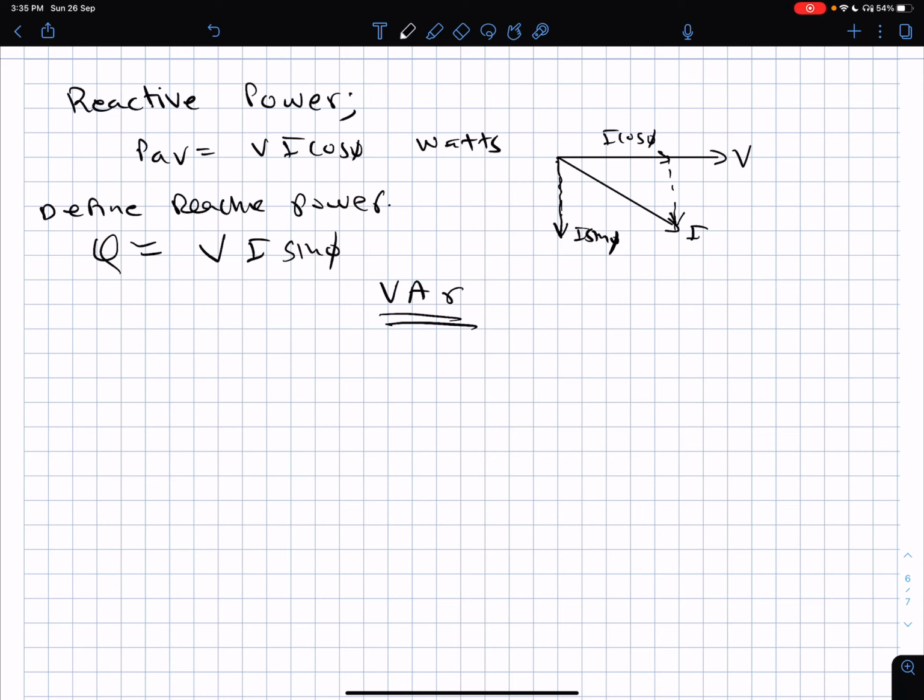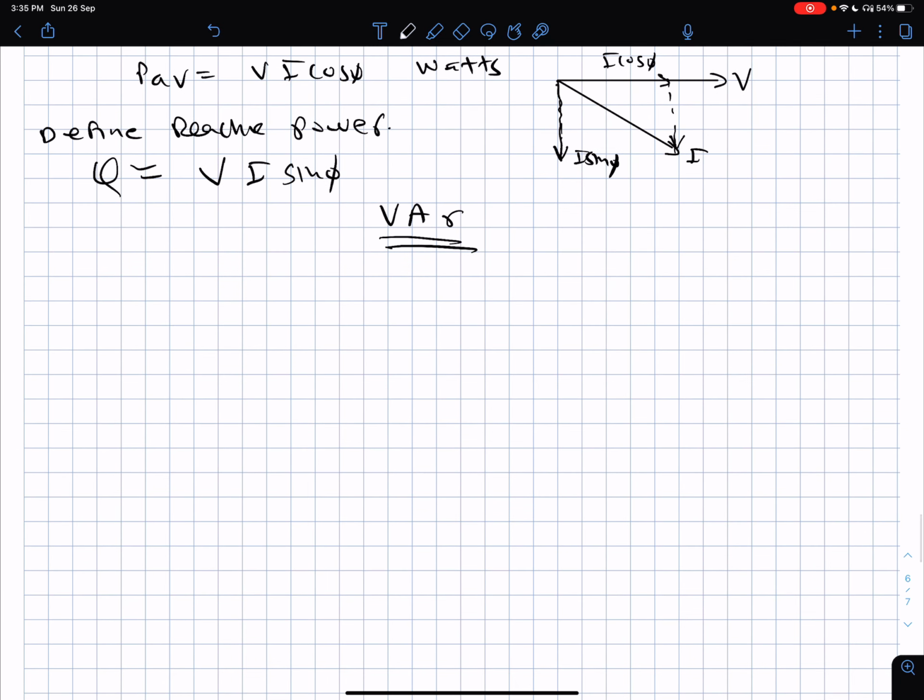It's a term which implies that reactive means it's just a consequence, a reaction, a consequence of power exchange which was going on in the AC circuits, but actually no work was being done. So Q is equal to VI sin phi. Now, by my convention, this is V, the current is lagging by phi.